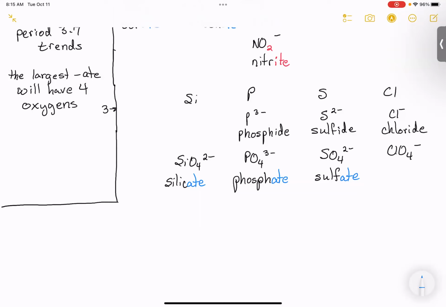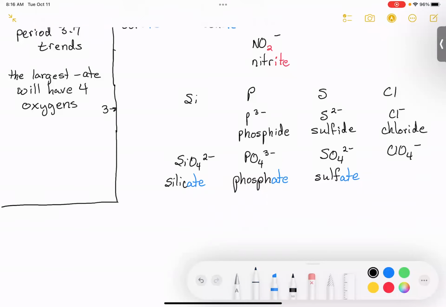Now for our family of 2, which was group 15 and group 16, what else do you notice? Actually, really 15, 16, and 17.